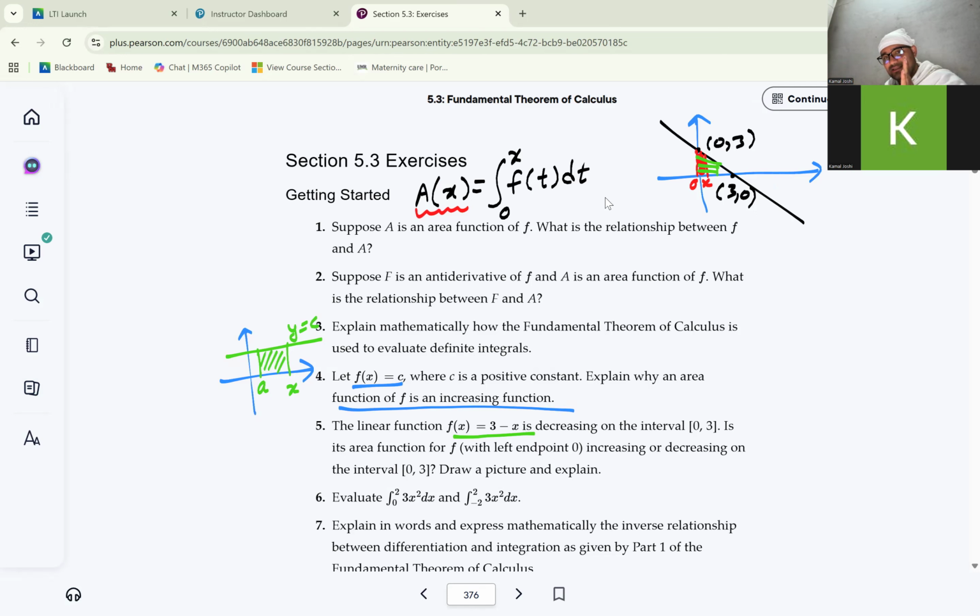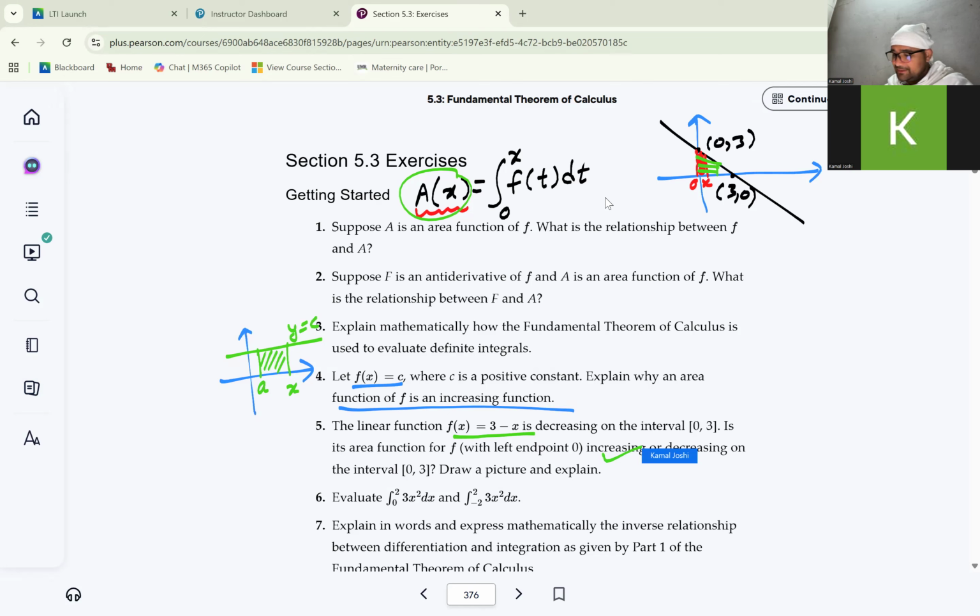As you increase the value of x, what is happening to the value of A of x? Now you will say, obviously it is increasing. What's the doubt about that? If you cover more, you are covering a bigger part of the triangle, right? Ultimately, you get the entire triangle when you reach 3. So clearly it is an increasing function.